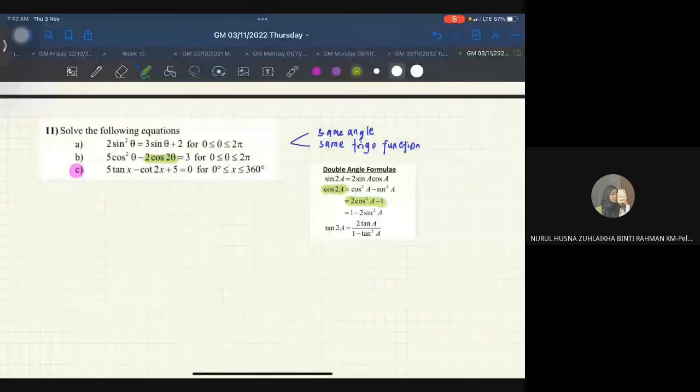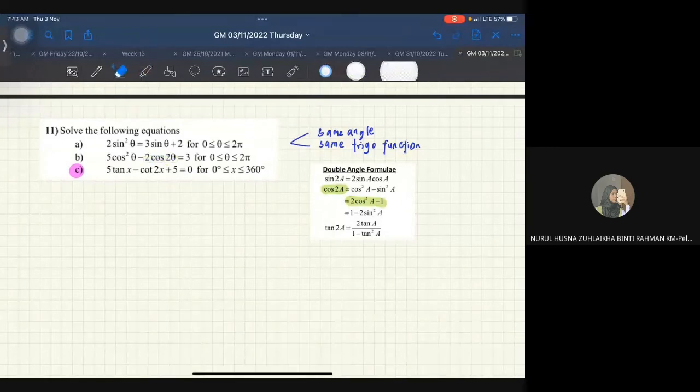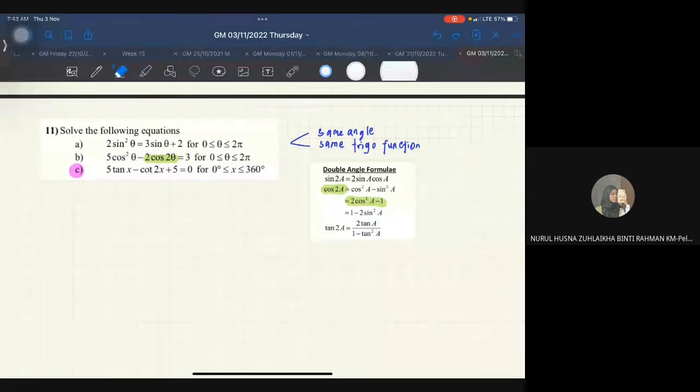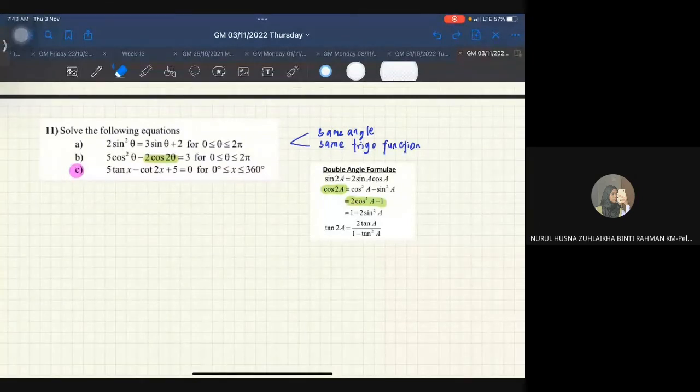So for the last question, saya pada balik. Kita ada 5 tangent x minus cot 2x plus 5. Untuk soalan nombor 11 ni, apa yang saya cuba nak buat dulu adalah, saya nak cari ada tak formula yang ini.